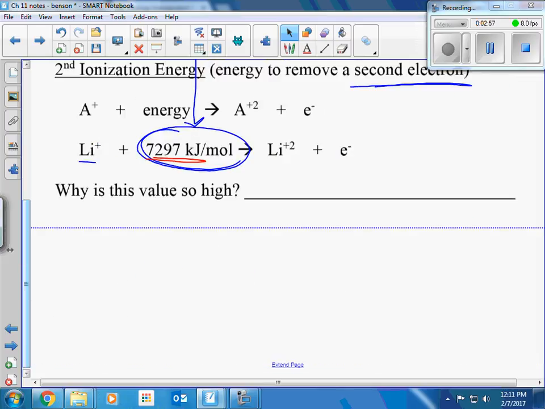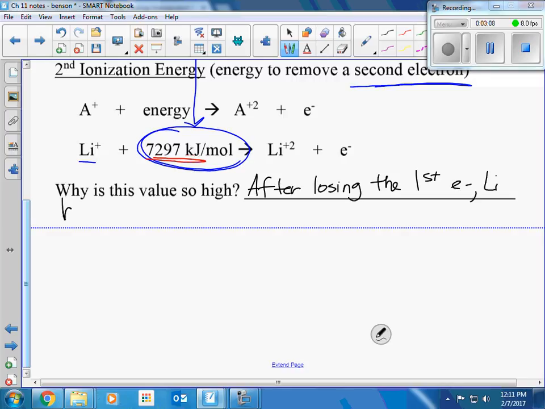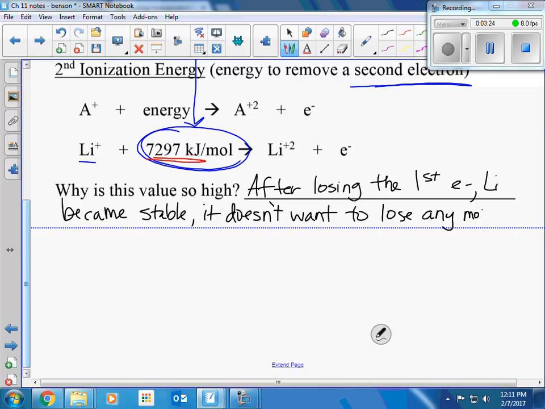Okay, it's so high because after losing the first electron, lithium became stable. It became that noble gas configuration. It doesn't want to lose any more electrons.